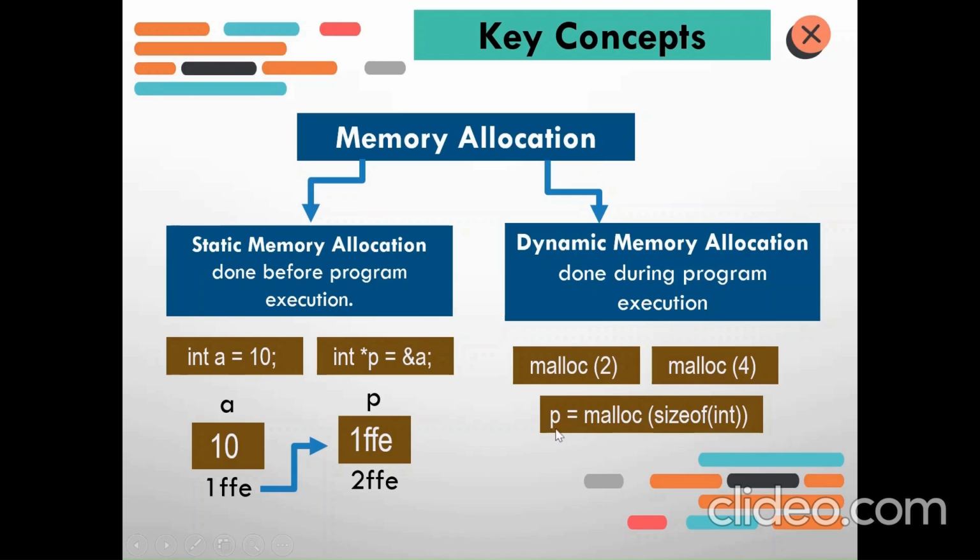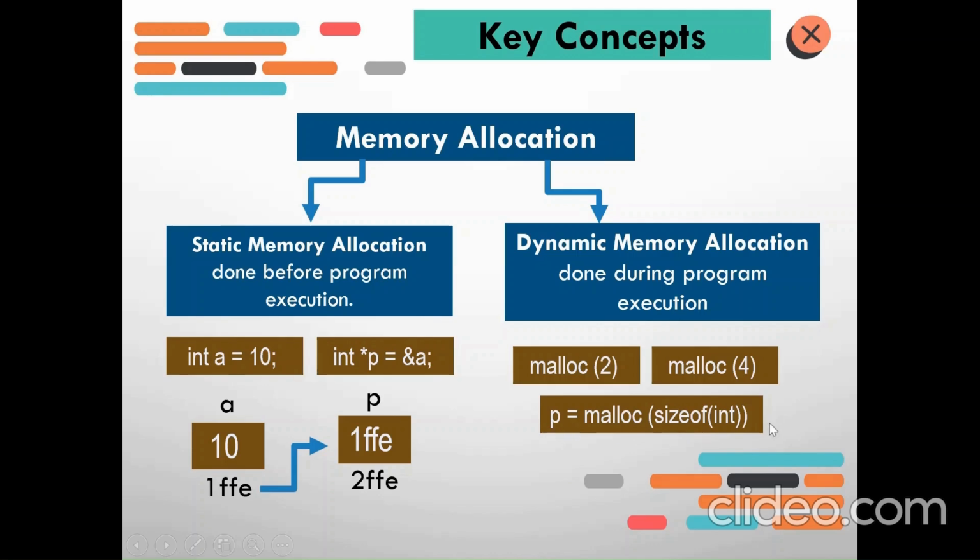It would be integer, because you are allocating memory to an integer data type, or size of 2. So this p would also be declared as an integer pointer, right? So this sort of declaration would be perfect in this case. If you are doing malloc(sizeof(float)), then this p would be declared as a float pointer, of course.